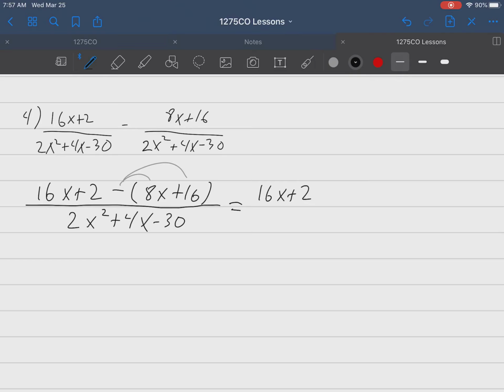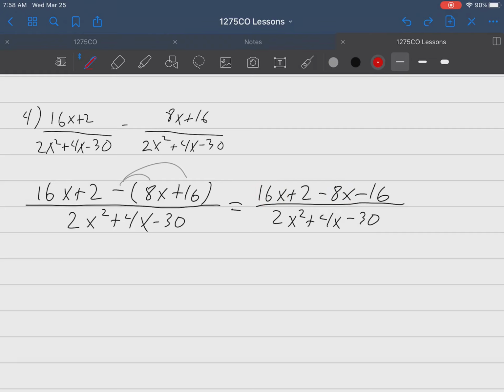Right, in my experience, those who try to perform this subtraction here in one step very often forget to distribute this negative sign. That's because the parentheses aren't here to begin with by default. So once you put them in here on this step, it is much less likely that you'll make that mistake. 2x squared plus 4x minus 30 is our denominator.